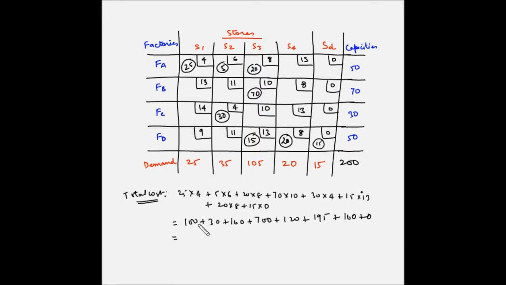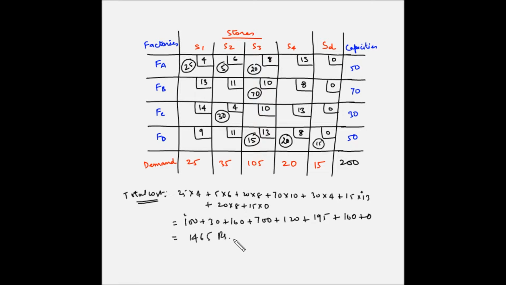So let's add the unit place, which is 5. Let's move to the tens place, so 0 plus 3, 3 plus 6, 9 plus 0, 9 plus 2 is 11 plus 9 is 20 plus 6, 26. 2 carry over, 2 plus 1, 3 plus 1, 4 plus 7, 11 plus 1, 12 plus 1, 13 plus 1, 14, so 1465 rupees.